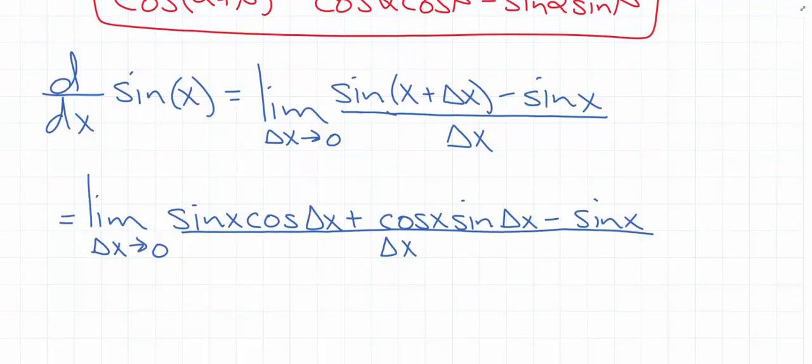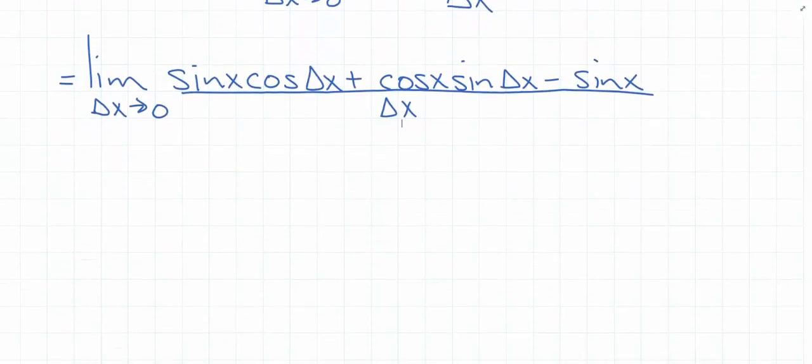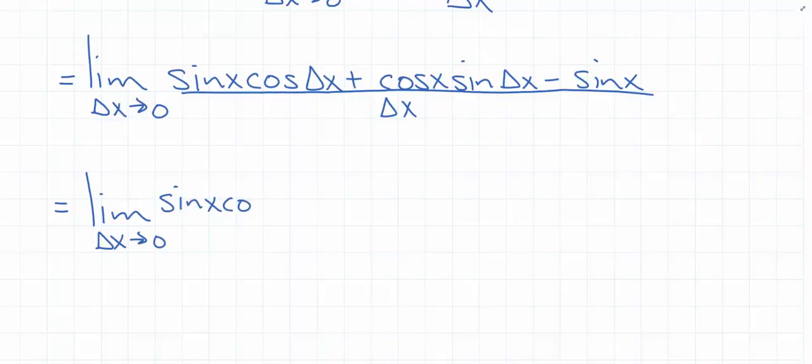Okay, now I'm going to do this. I'm going to take the first and last term and put them together. Just kind of reorganize it. Okay, so we have sine x cosine delta x minus sine x.